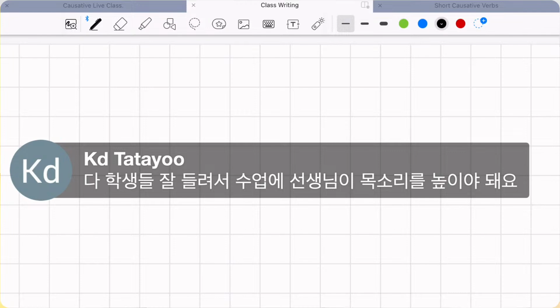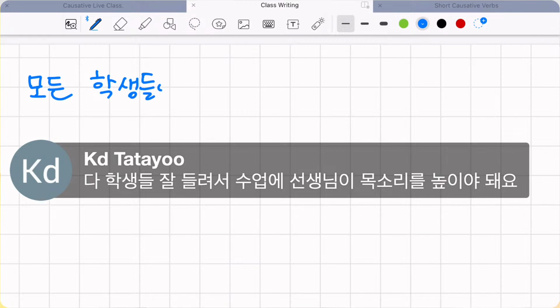If you want to say all students, you can say 모든 학생. 모든 학생. 다 is only used as an adverb. 그래서 if you want to modify a noun and say every student or all students, you can say 모든 학생들.